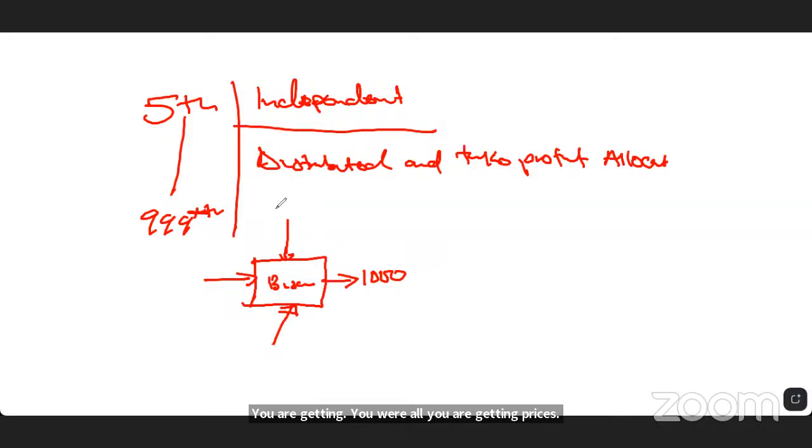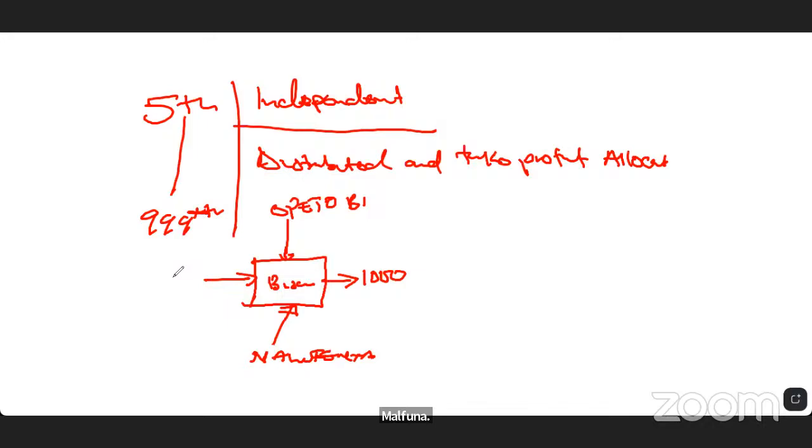This company is called Opeto Biscuit Makers. This one is Nalufenya Biscuit Distributors. This other company is called Kakubojja Biscuit Distributors. So you are getting biscuits from these companies, but you are buying at different prices.